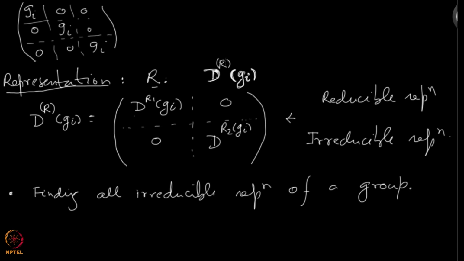So, D_R is the matrix representation in the representation R of the element G. These matrices will change, their dimensionality will change, and their elements will differ depending on the representation R you are looking at.